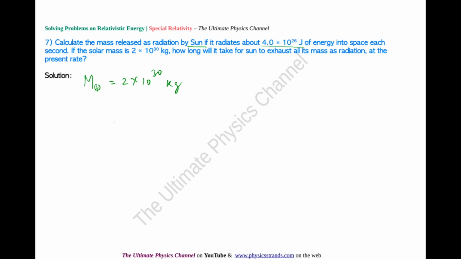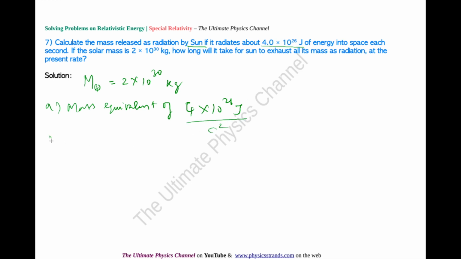Now here we have another value, that is the radiation released by the sun per second, that is 4 times 10 power 26 joules. Now what is the mass equivalent of this value? First let us calculate that. The mass equivalent of the radiation can be easily obtained by dividing this by c squared.